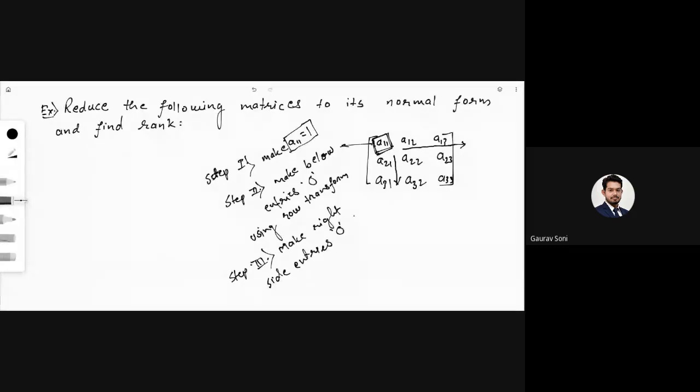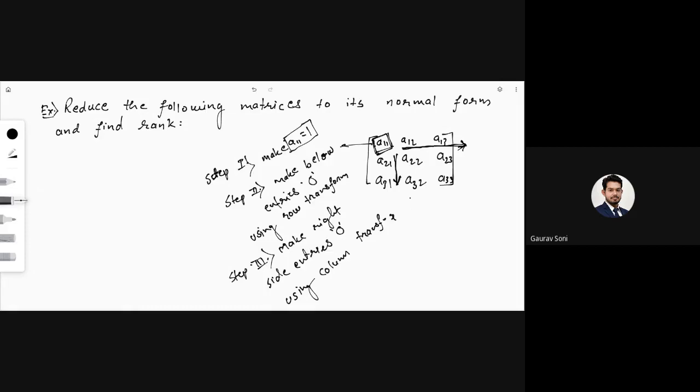This I have to do using column transformation. Remember this procedure. A11 entry 1, use row transformation, make all the below entries 0. Then you use the column transformation, make all the right hand side entries 0.